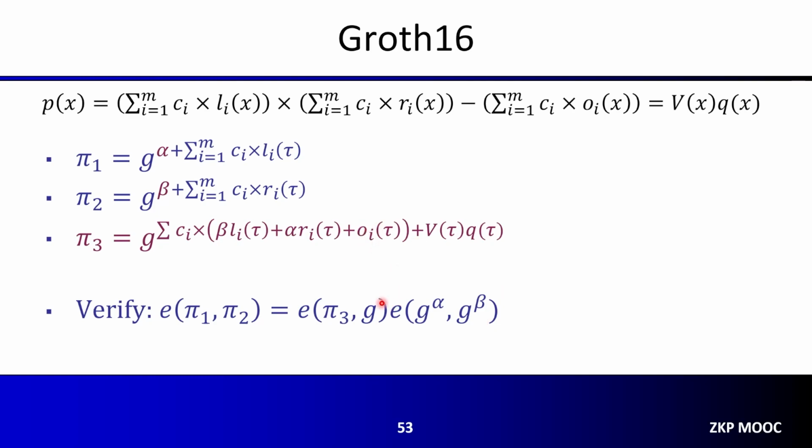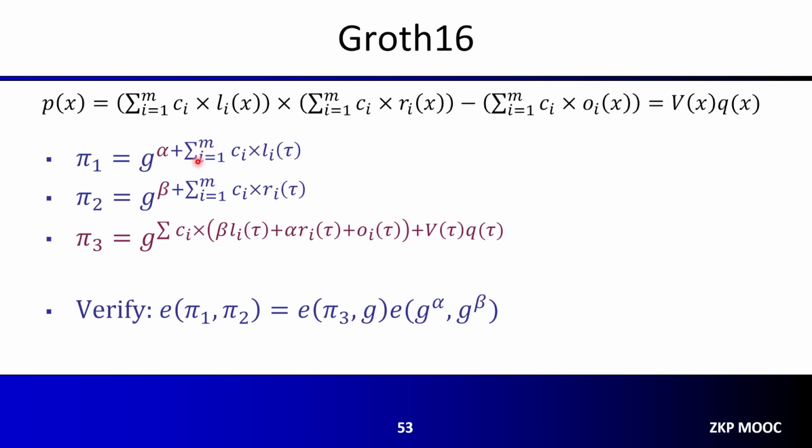And the way to see this equation is that if you multiply the exponent of pi1 and pi2, you will have the product of this summation times this summation, that is the original master polynomial equation. And that should equal ci times oi(tau) plus v(tau) times q(tau) by moving the third term to the right-hand side.